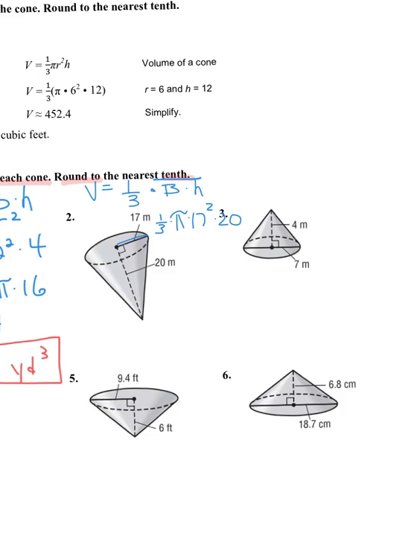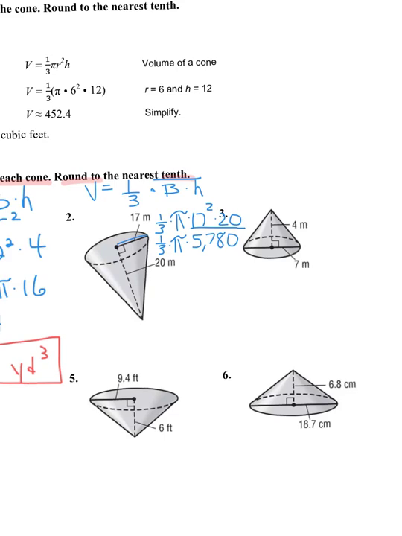So we have 17 times 17 is 289 times 20. So we have 1/3 times pi times 5,780. That's from 17 squared times 20.